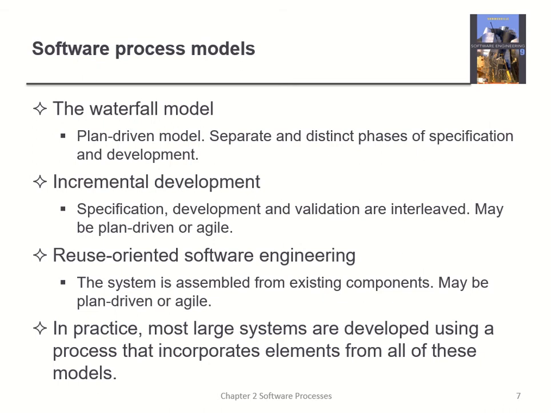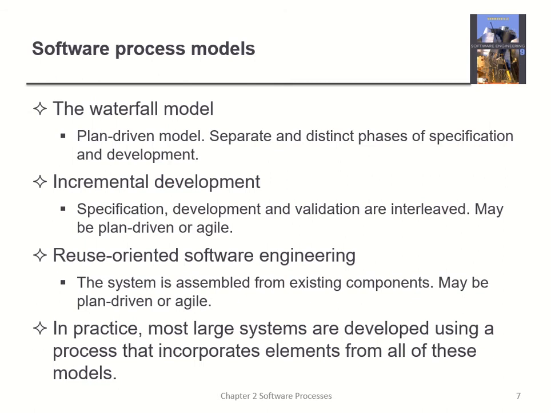So let's proceed with the software process models. We have three items in this chapter. We have first the waterfall model. The waterfall model uses a plan-driven model, separating the distinct phases of specification and development.